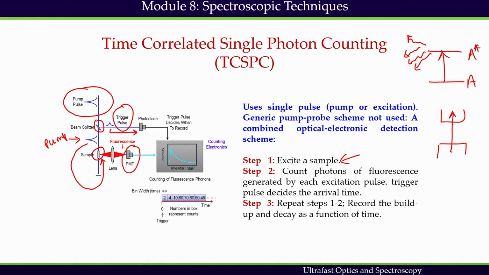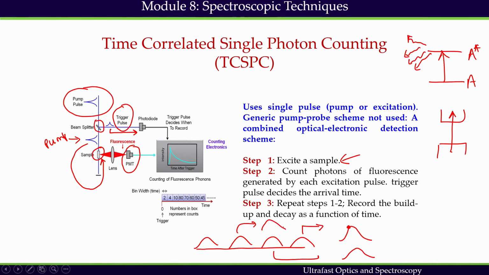fluorescence lifetime. So, what we are trying to specify here is that from a source we have a train of pulses, and for each pulse we get a certain fluorescence signal. Let us say this pulse has created this fluorescence signal, and this pulse is creating again a fluorescence signal, and this pulse will create a fluorescence signal.